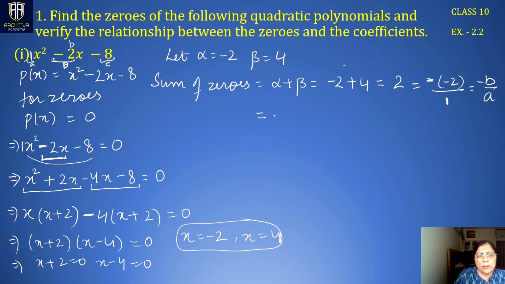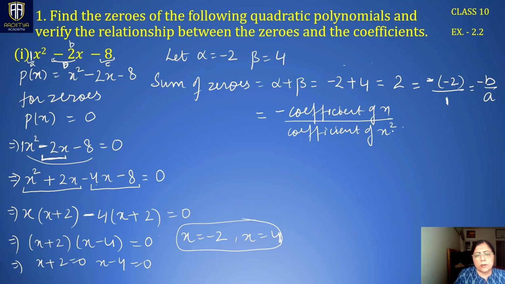So we have verified that our relationship of sum of zeros can be expressed as minus b by a, which was required, which is minus of coefficient of x over coefficient of x square. Right? The first part has been verified.